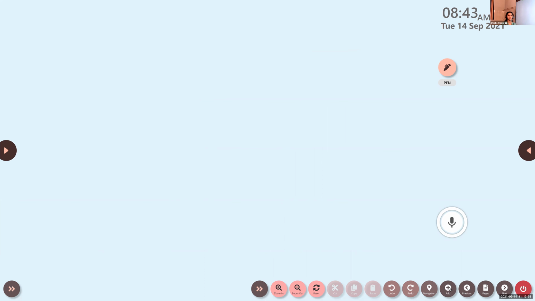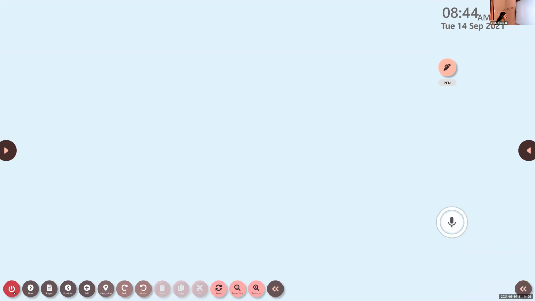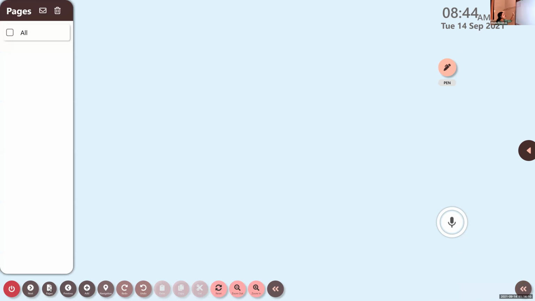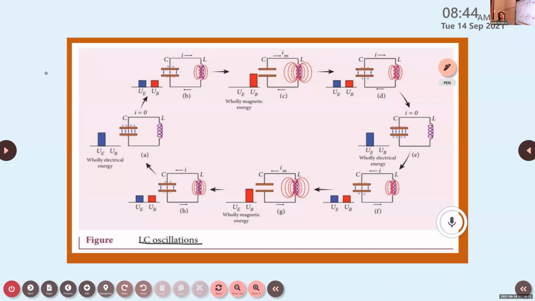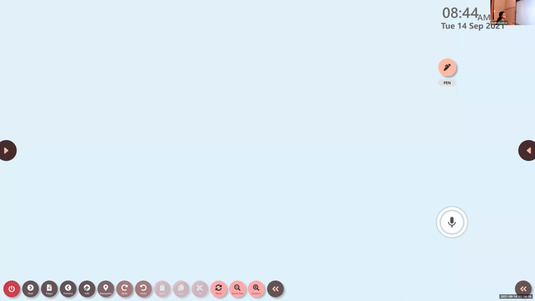Here we consider only two electrical components: one is inductor and the other is capacitor. Here we are not considering the resistor. So in LC oscillation, we consider the inductor and capacitor.